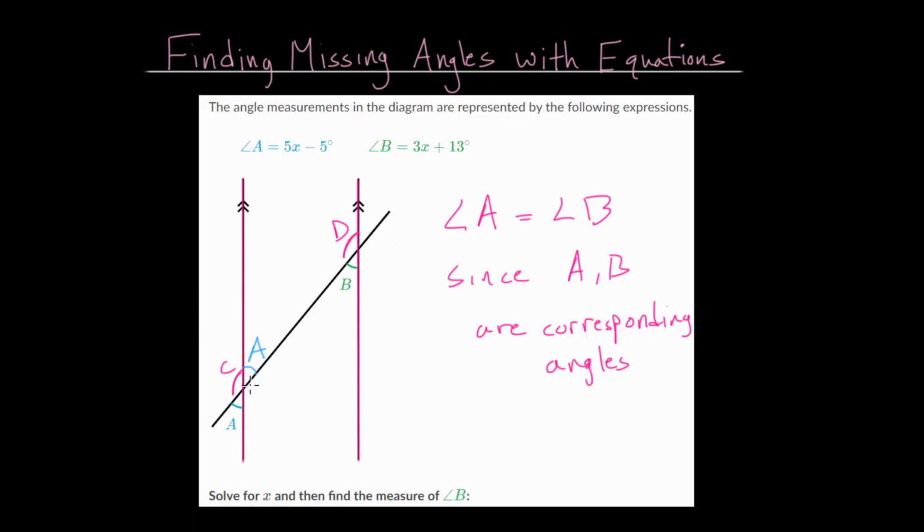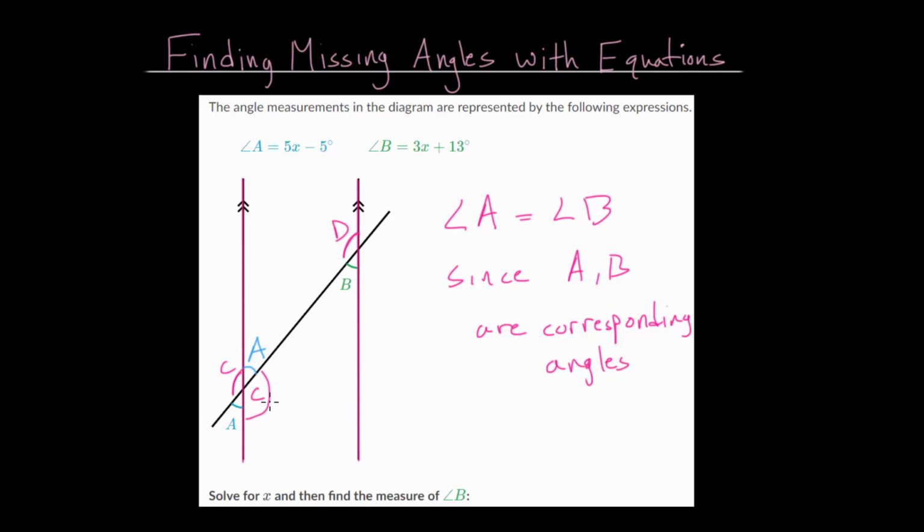And since this large angle forms the angle of a line, and this is a vertical angle, so this would also be angle C, and we know angle B and angle A are equal to each other, then C plus B also form the angle of a line, or in other words, they would be supplementary.